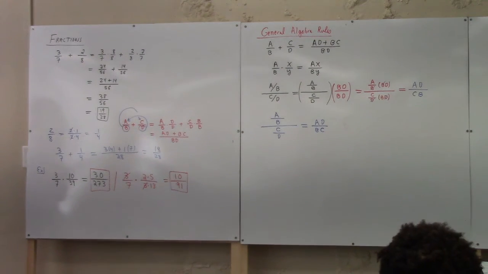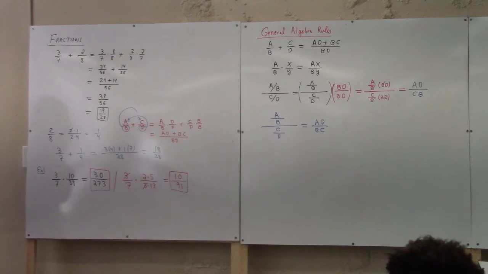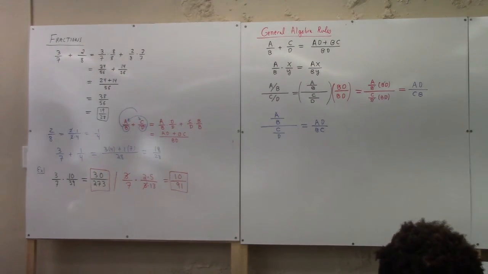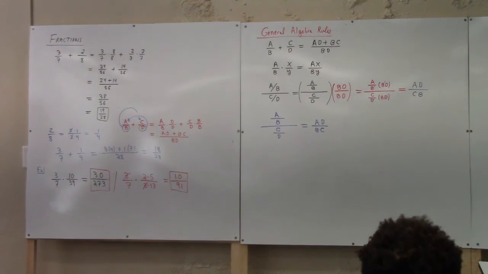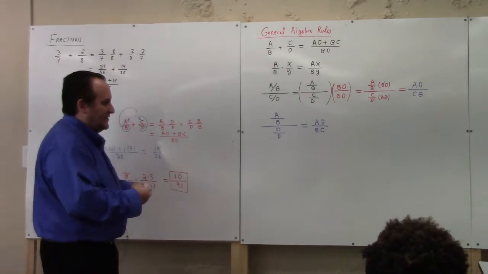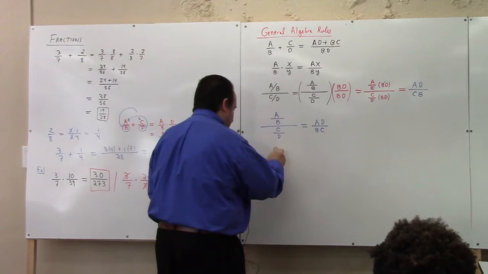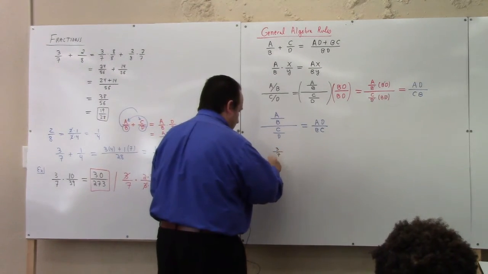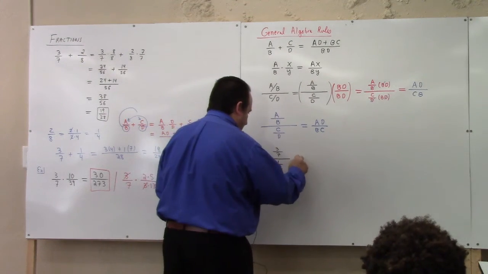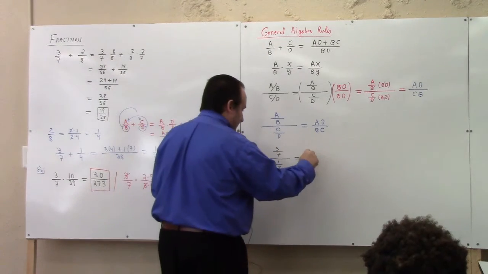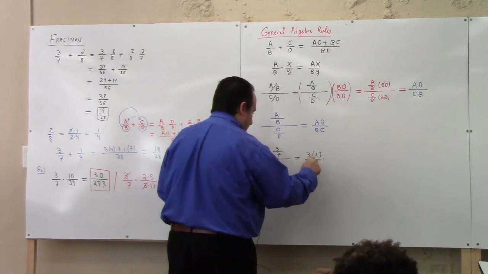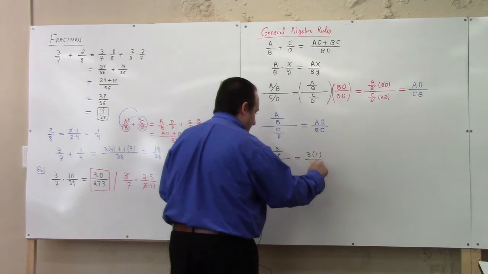Notice this only works if it's a single fraction upstairs and a single fraction downstairs. If there's an addition in the numerator or an addition or subtraction in the denominator, you can't just do this. You have to think through it more completely, all right? We'll see examples of that. Here, let me give you a numerical example of this. If I have like 3/7 divided by 1/2, what do I get? So if I follow the pattern, I get 3 times 2, right, over 1 times 7.